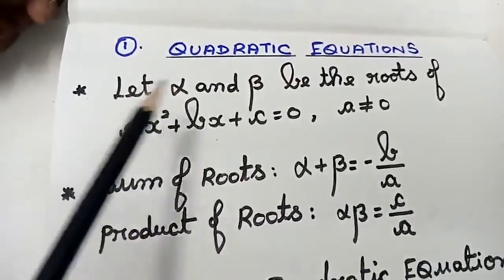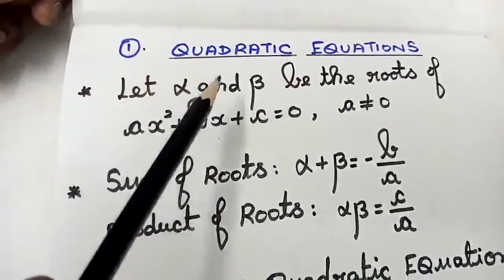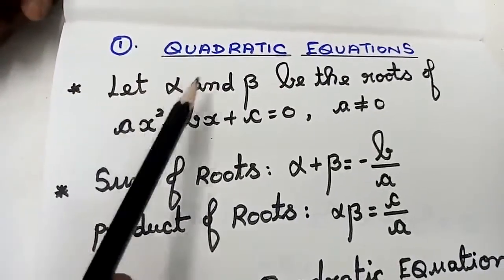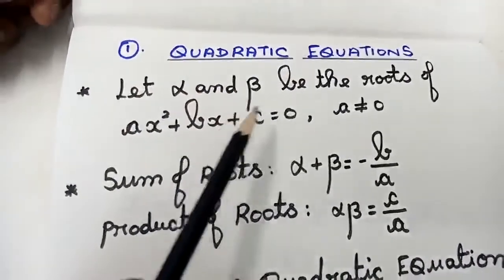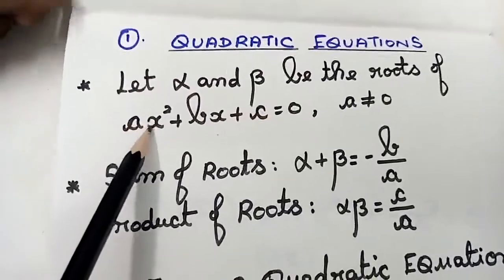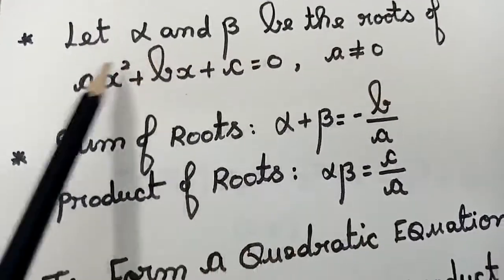The first one: what is a quadratic equation? I am going to have two roots, alpha and beta. So first I am going to write like this: let alpha and beta be the roots of ax square plus bx plus c equal to 0, where a, the coefficient of x square, must not be equal to 0. This is the first procedure.